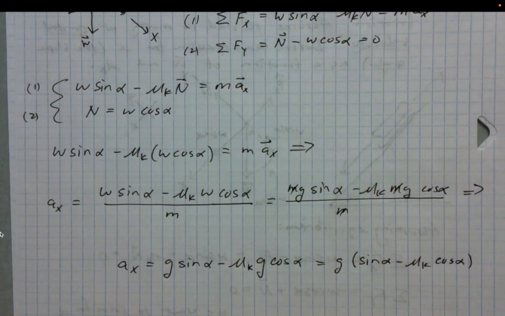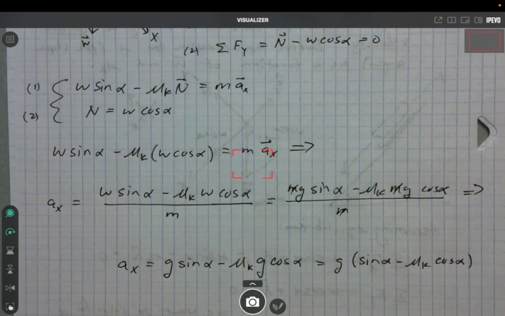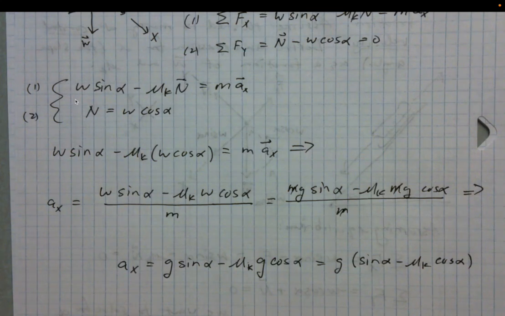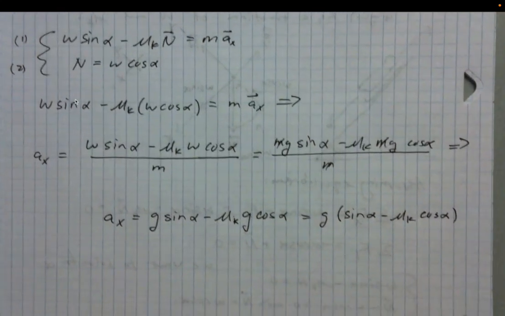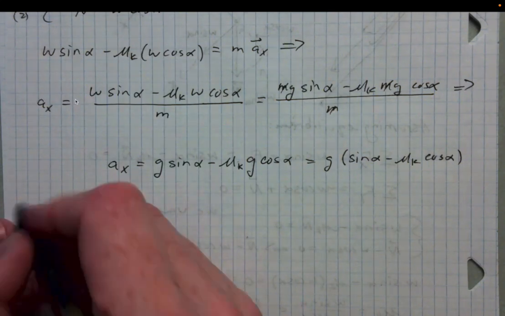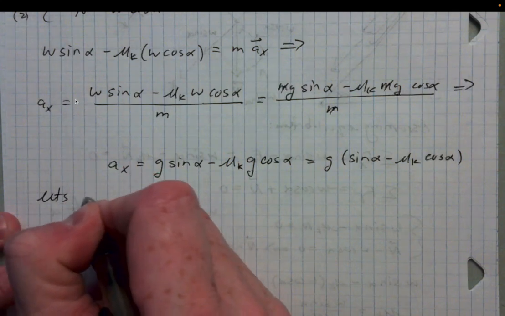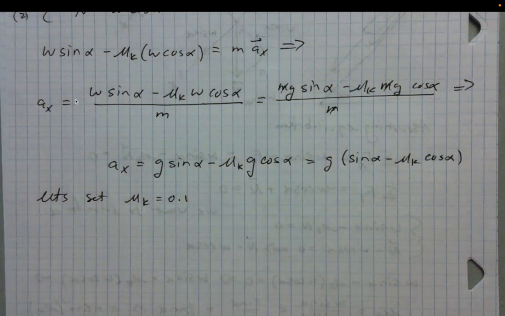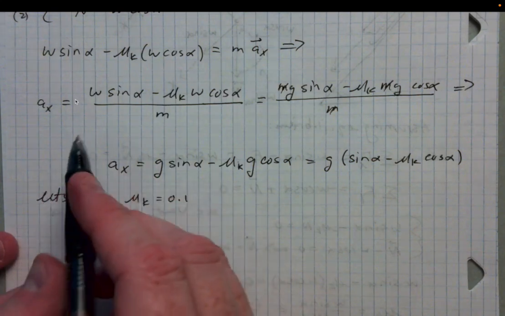Okay. So the acceleration in the x direction is a function of basically, in this case, just the kinetic friction coefficient and the angle of the slope. So let's try a couple of values here. Let mu sub k equal 0.1, kind of like an icy hill, something like that. And let's try kind of an edge case here.